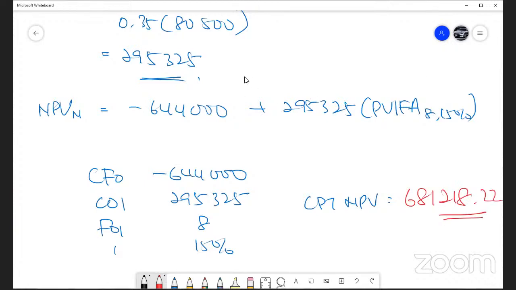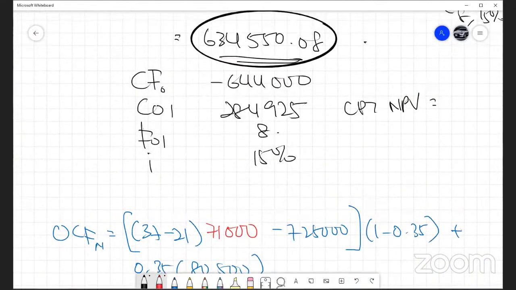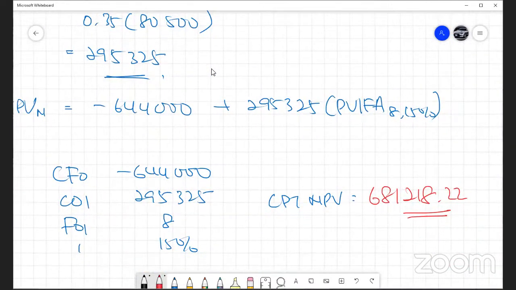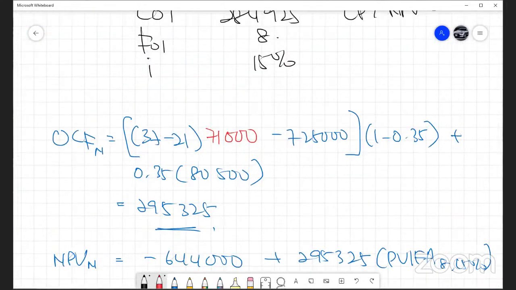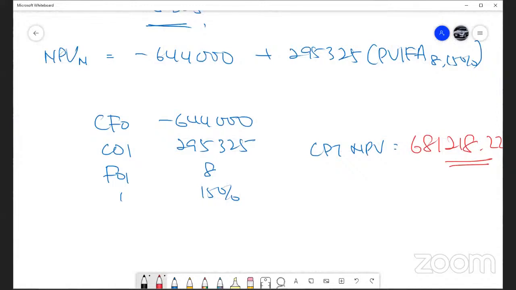So by changing your quantity, your NPV from 634,550.08 becomes 681,218.22. So 1,000 different, it goes up by almost 50K. Okay, so we're going to see the exact sensitivity of each unit change in the sales.